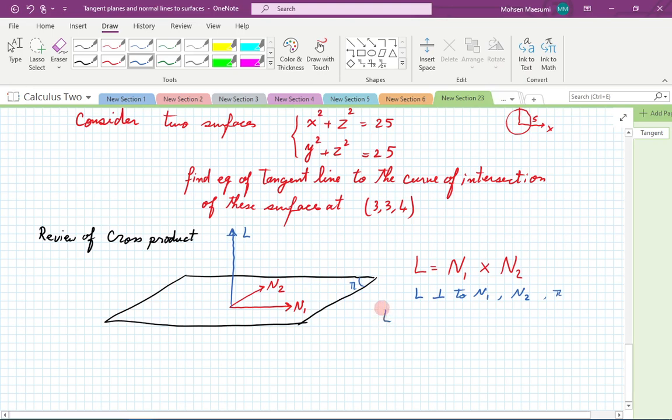The size of L is equal to the area of the parallelogram that you can build with these two vectors.